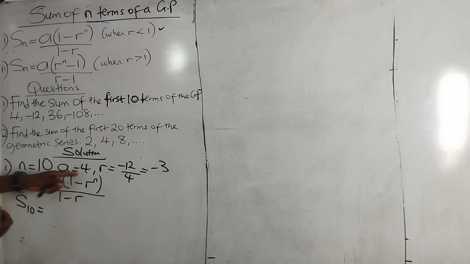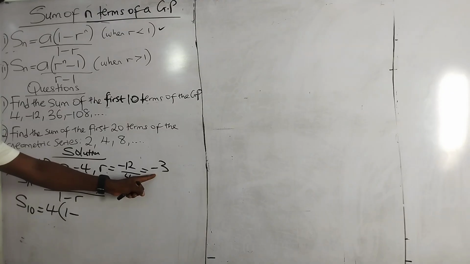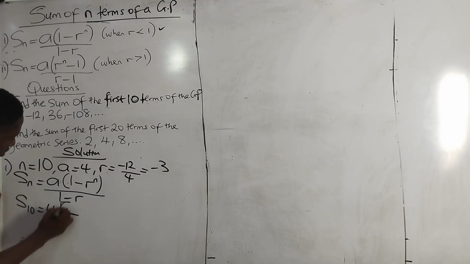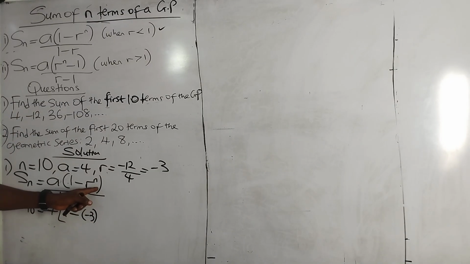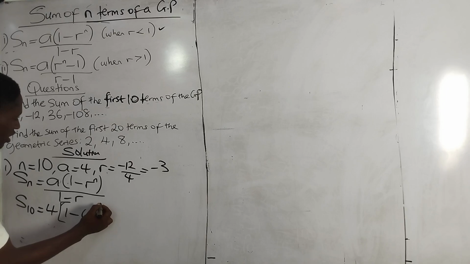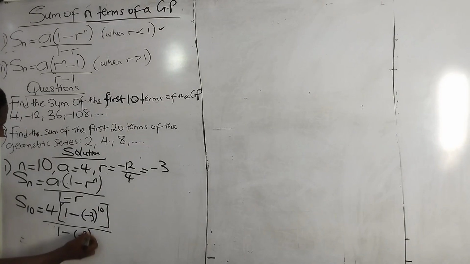Our a is 4, then (1 - our r, which is the common ratio, is -3, raised to the power of 10, my n is 10), bracket close, all over 1 minus the common ratio, which is -3.